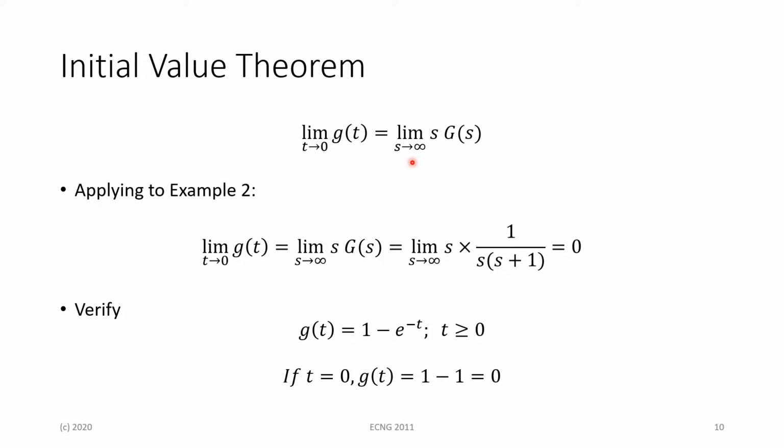Alright, so in evaluating the initial value theorem, this has limit as t tends towards 0. And inversely, because t is inversely proportional to frequency, this is going to be limit as s tends towards infinity of s multiplied by g of s. If we substitute our g of s into our equation, these s's basically cancel.